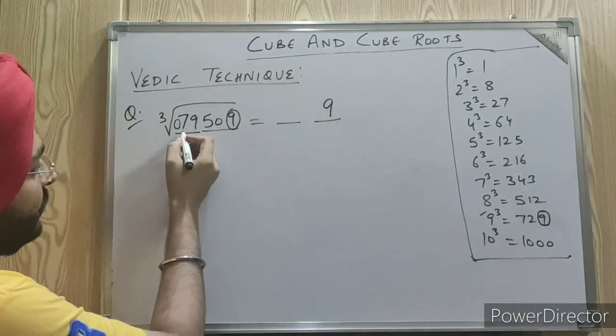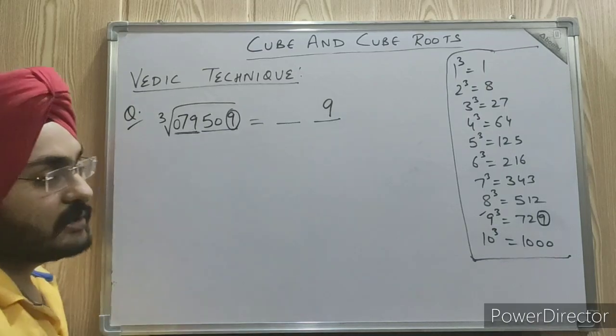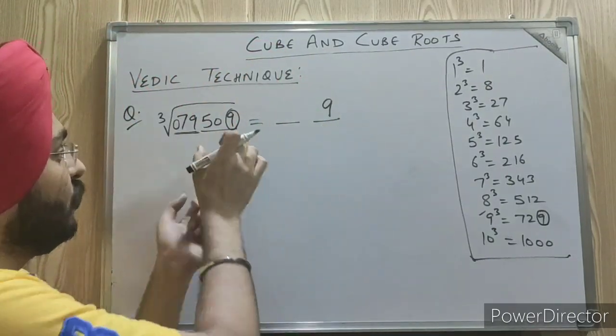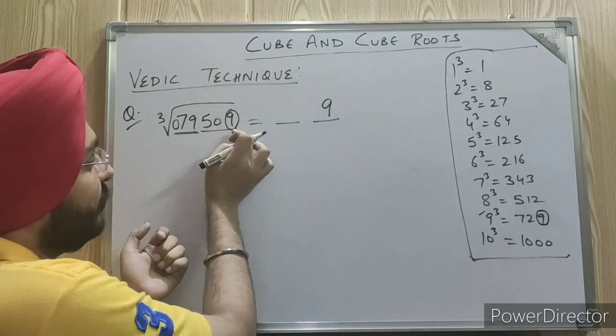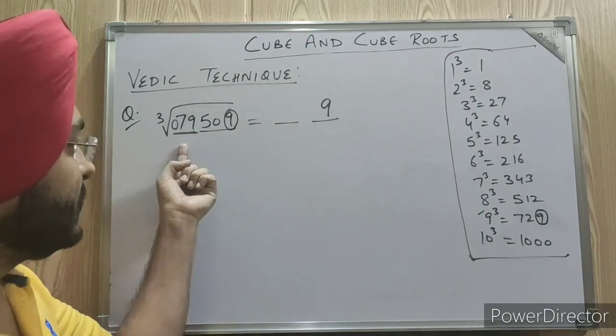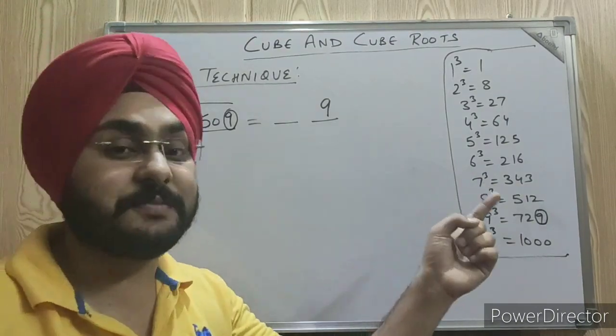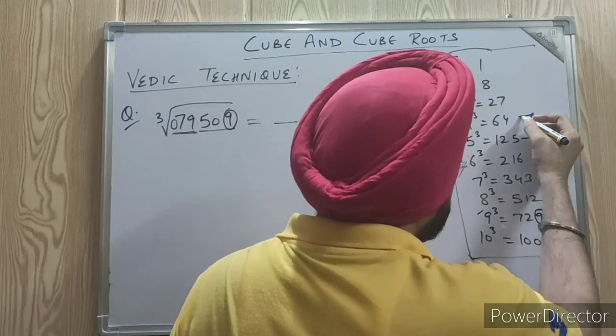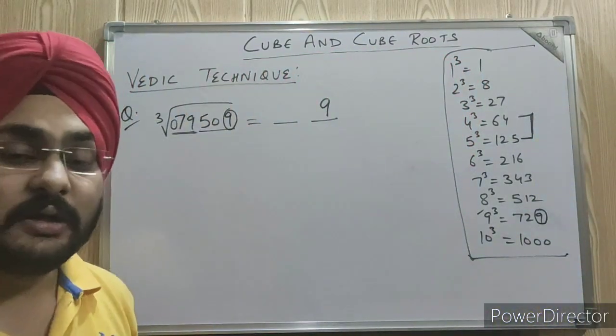Now coming to this one, the number 79. For this triplet we don't look at the units place, we just check which two numbers 79 lies between. This 79 lies between 64 and 125.